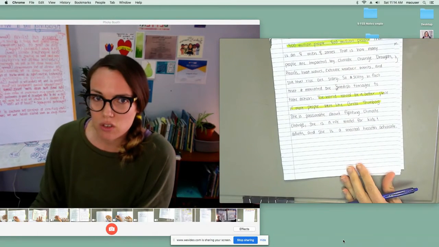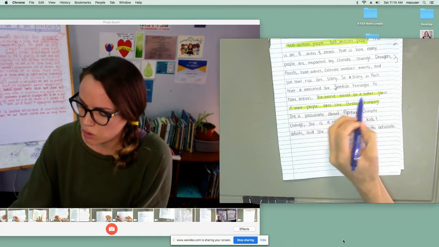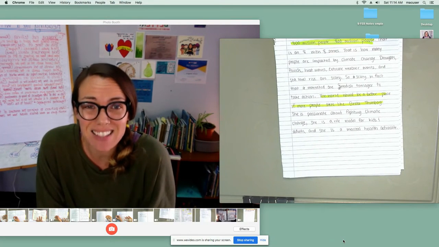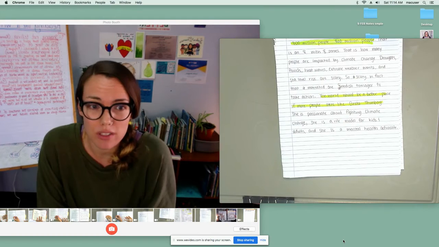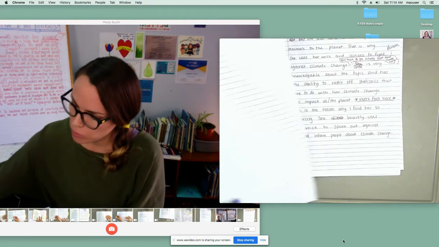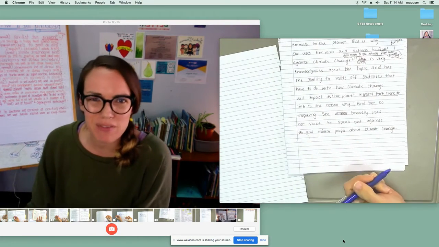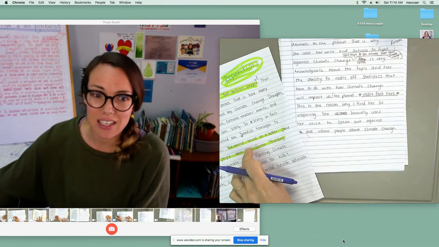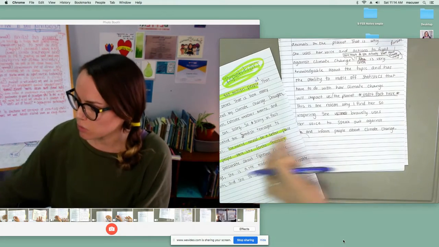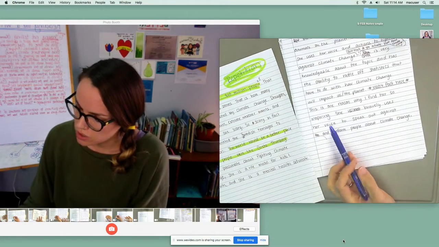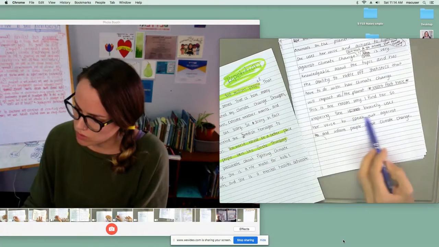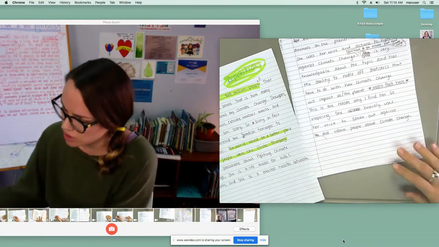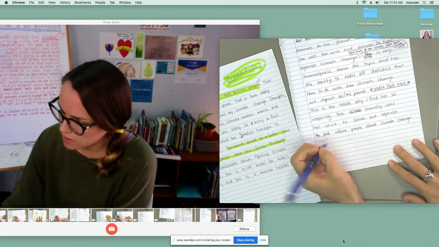Then as I continue to read my introduction, I noticed this sentence: the world would be a better place if more people were like Greta Thunberg. And I felt like that's something I could be repeating after each reason. When I look at my first reason, I didn't really find any repetition here, but I wonder if I could, at the end of this, add in this part of my thesis statement, the world would be a better place.